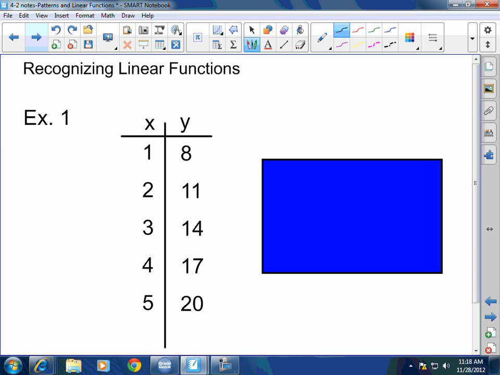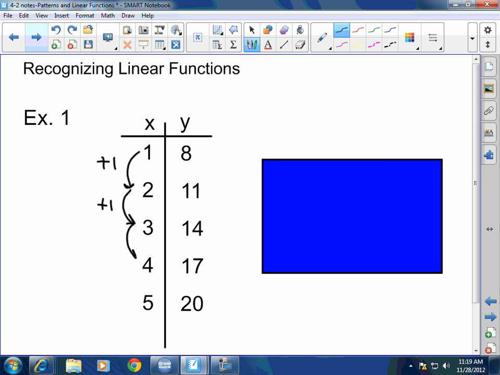We have already done this before in chapter 1 when we were talking about patterns and tables. What did I do to 1 to get to 2? Someone just said add 3. Think about it. To get from 1 to 2, how did I add 3? Add 1. How do I get from 2 to 3?